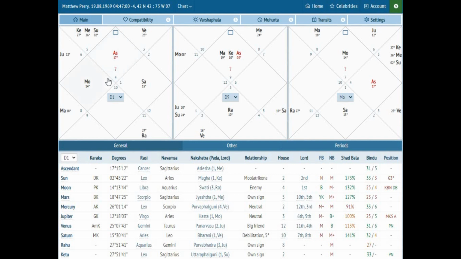What actually did happen with Matthew, because he's an actor, and you can also see it here in the second house. The second house is responsible for your speech, for earning money, how you can earn your money, and which way you can do it.